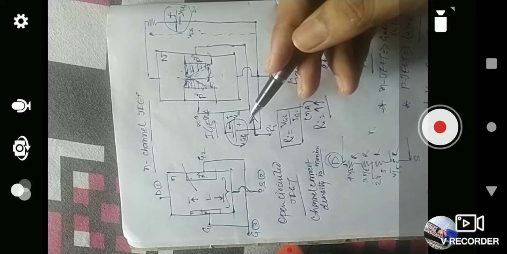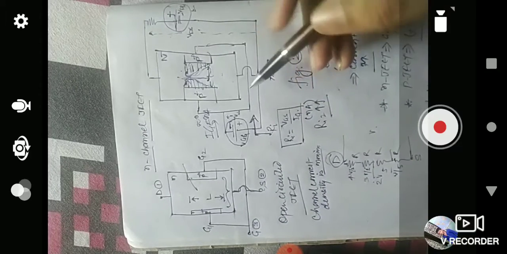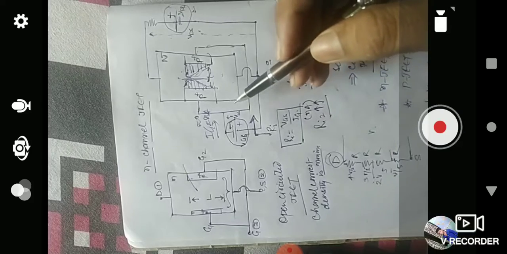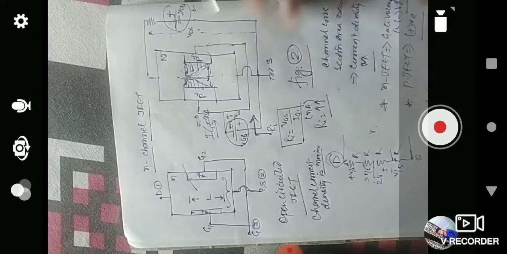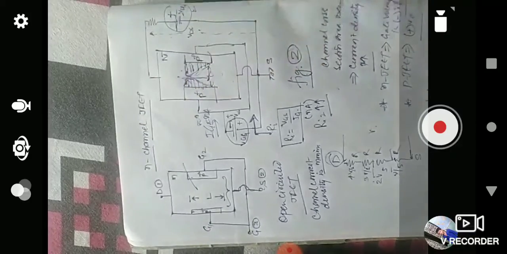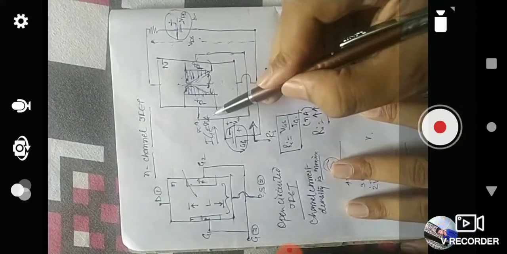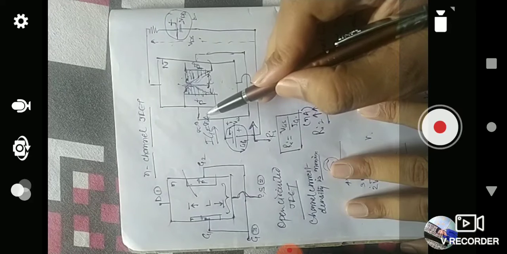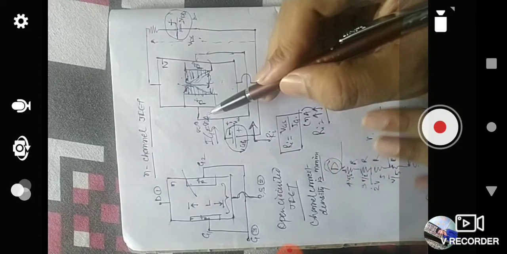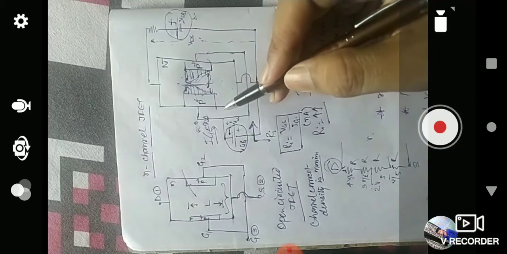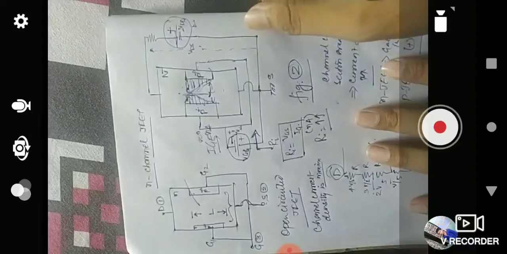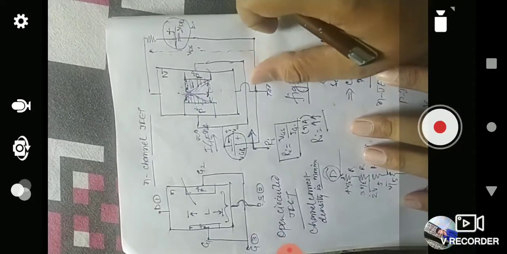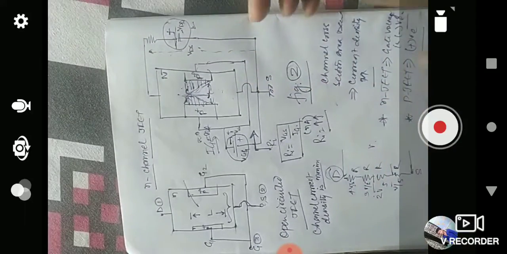If we plot input characteristics, we must take care of Ig versus VGS, but Ig is very small and can be neglected as stated here. So there is no relevance of input characteristics in the JFET. That's why we never plot input characteristics, unlike the BJT.